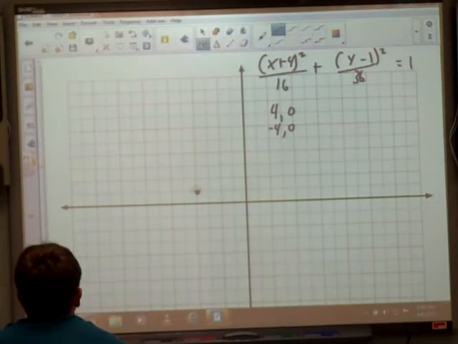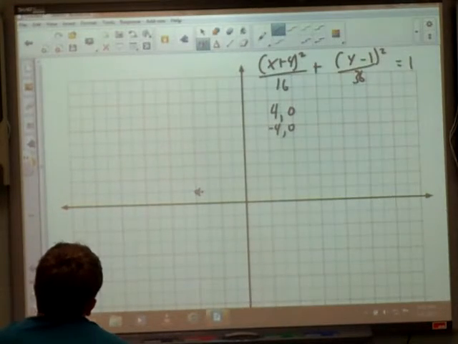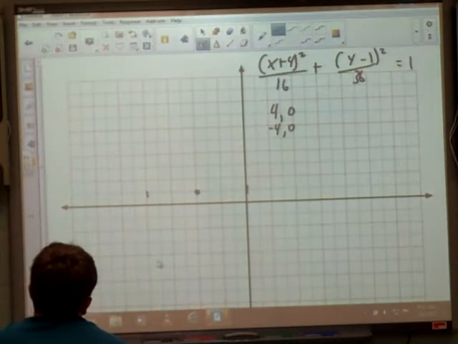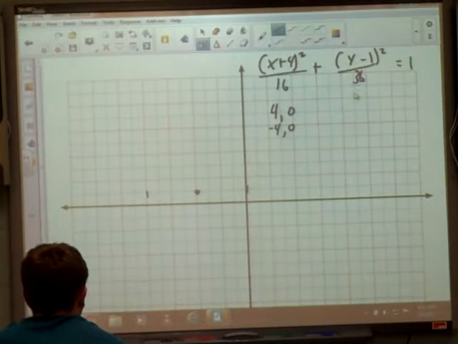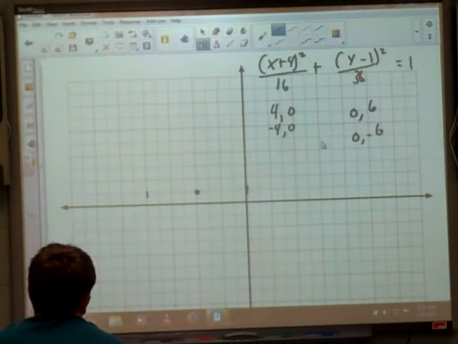Okay, so from here, if the square root of 16 is 4, from this point is where I'm going to do my 1, 2, 3, 4, and my 1, 2, 3, 4. Okay? So this one, b squared is 36, so that means normally I would be dealing with 0, 6 and 0, negative 6, but it's not going to be from 0, it's going to be from this point.